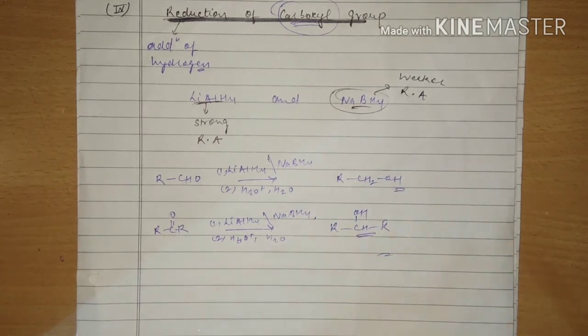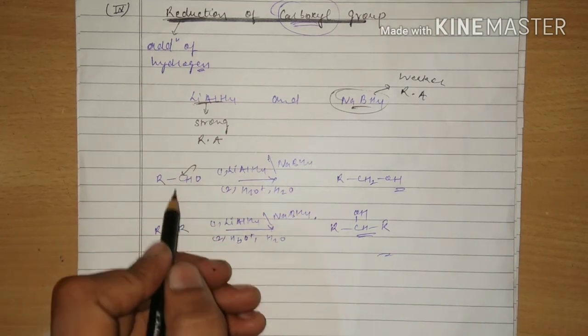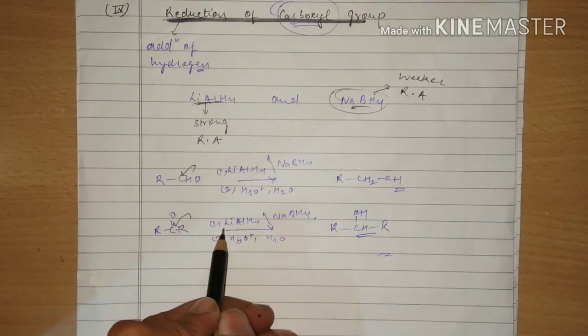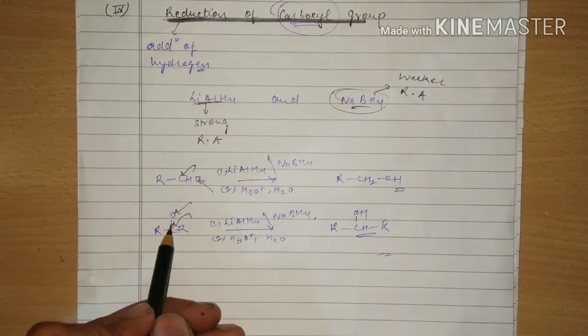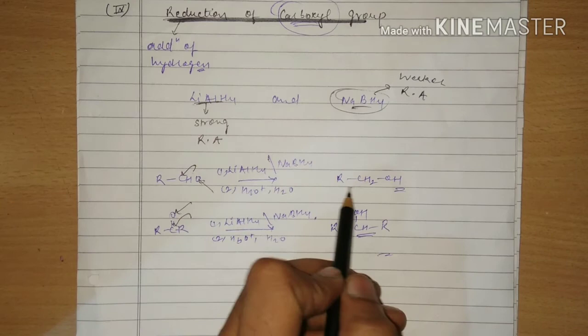What is happening here? One H is attached with this carbon, and another H is attached with this oxygen, and breaking of this double bond takes place, and we will get this alcohol.